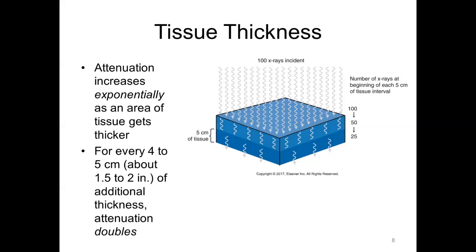For every additional 4 or 5 centimeters of tissue, that cuts your x-ray quantity in half. We started with 100. 5 centimeters down, we cut it in half to 50. We go another 5 centimeters down, you're left with half of that, which is 25.